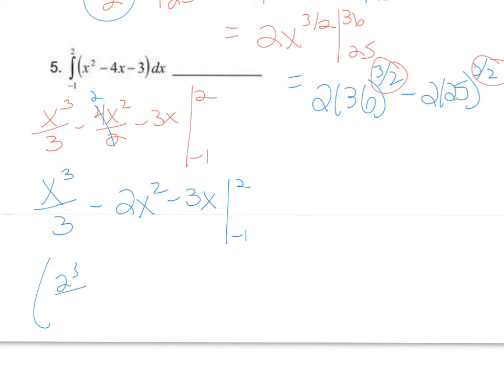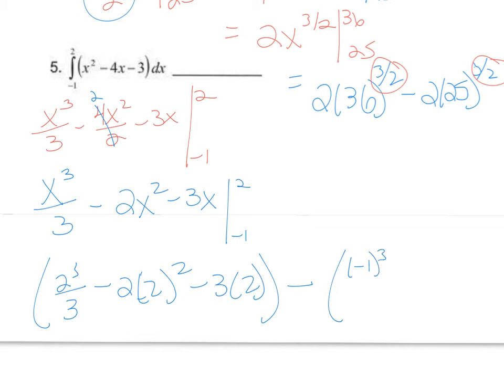So 2 to the 3rd over 3 minus 2 times 2 squared minus 3 times 2 minus, and then plug in the -1. And calculate that to get your final answer.